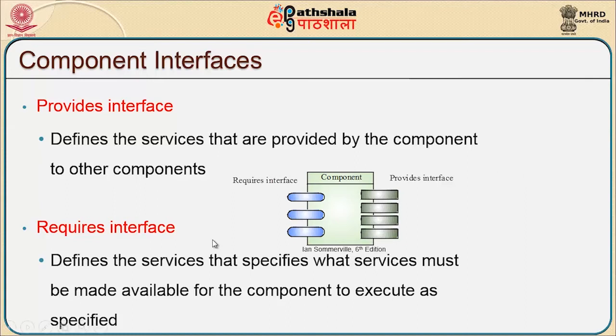Whereas the requires interface specifies what type of services must be made available for the component to be executed as specified. In order to execute this particular component, these are the services that the system requires, whereas the provides interface is the services that are provided to the external world.